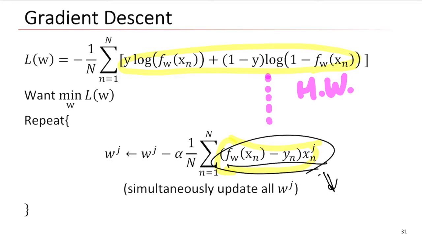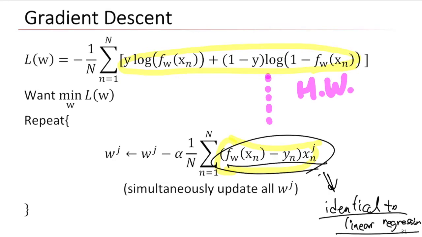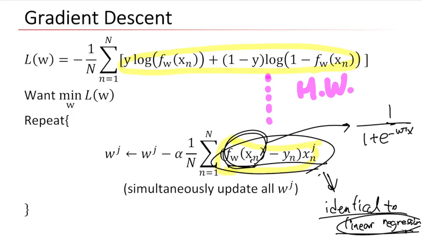This update part is exactly identical to linear regression. But the main difference is that this part, in logistic regression, is a nonlinear function like this, but in the linear regression problem, this part is just a linear equation.